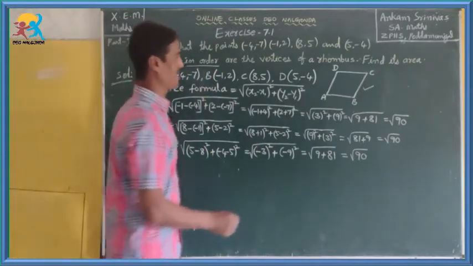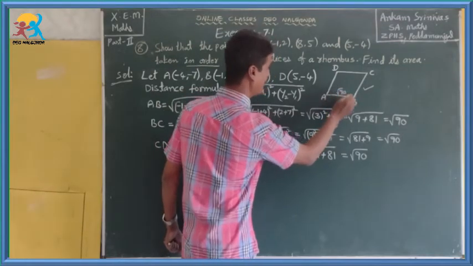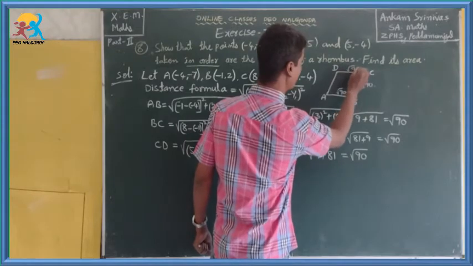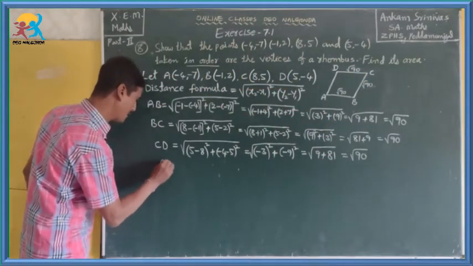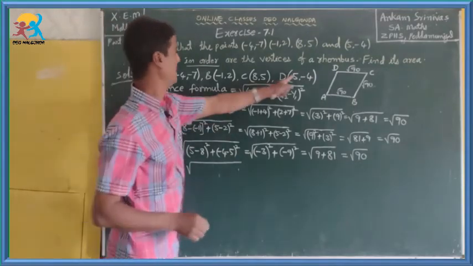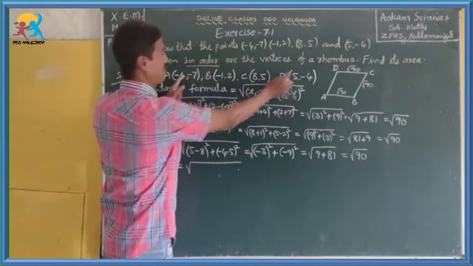What is the side? Now how much do we get here? Square root of 90. This also square root of 90, and this is the square root of 90. We are going to find the length of AD. Length of AD, square root of, difference of x coordinates.